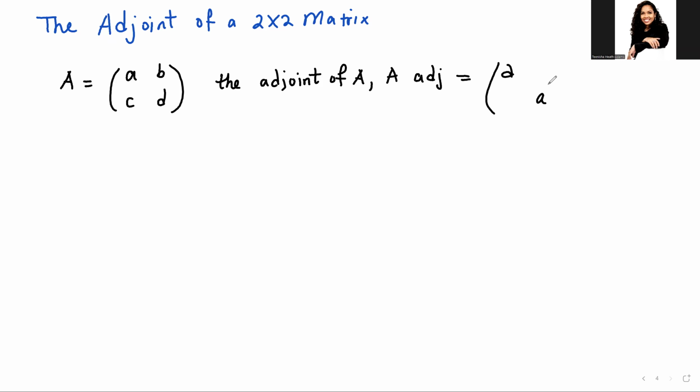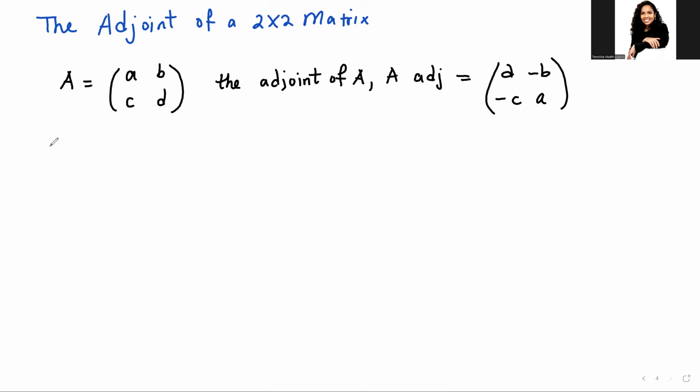You switch their positions and you change the sign of B and C. So again, to get the adjoint, you swap the leading diagonal and then you change the sign of the remaining elements.